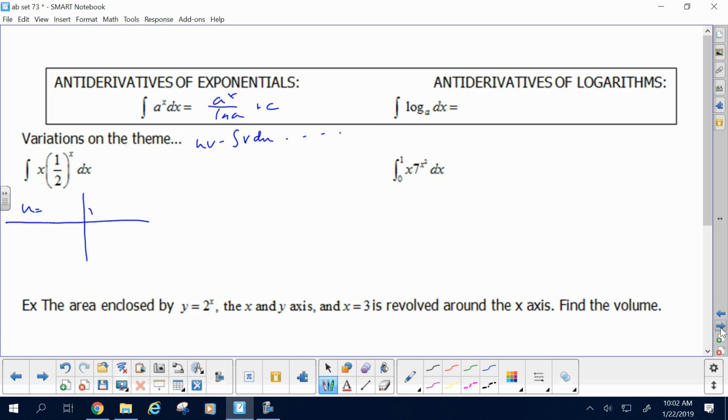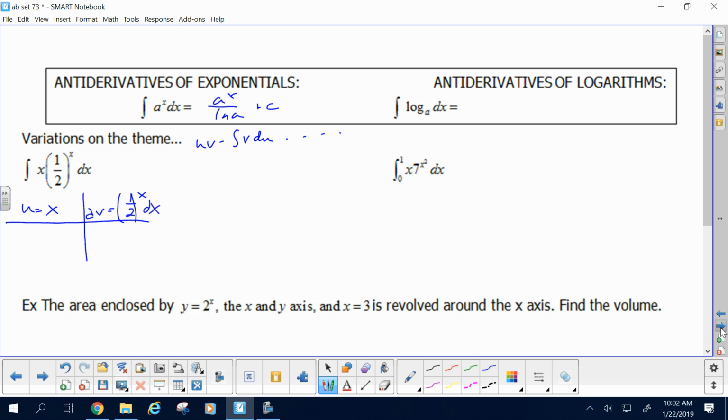What shall we make our u? x. And our dv? (1/2) to the x dx. I'll say this also. I was kind of a cut-corners kind of student, you know. I had a professor that if you didn't have parentheses around the exponential, he would absolutely nail you, because truthfully, it's not the same if you don't have parentheses around it.